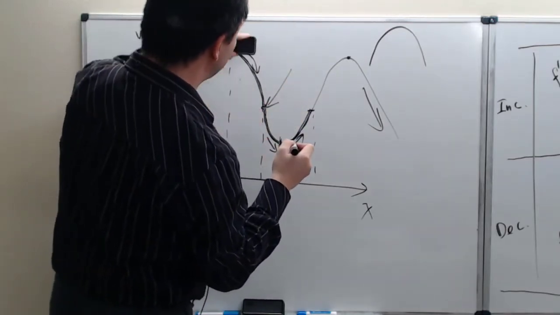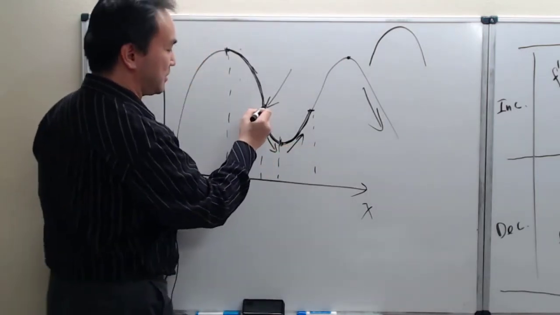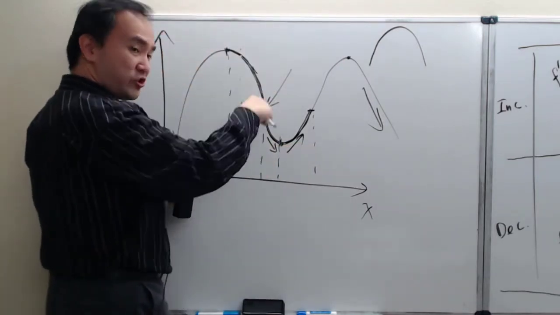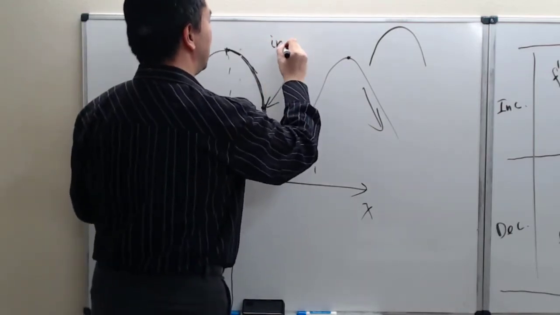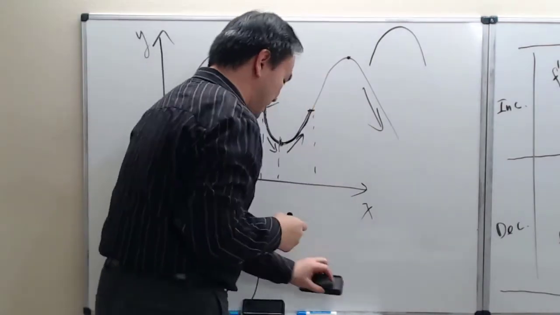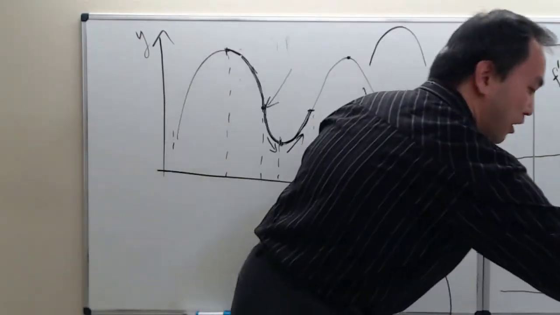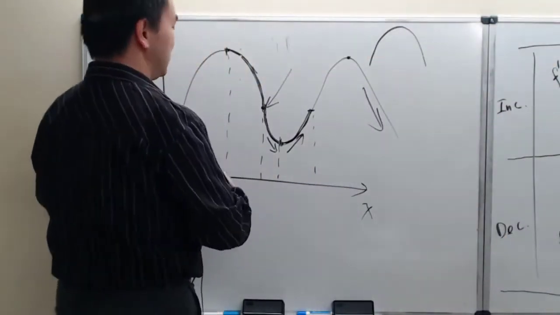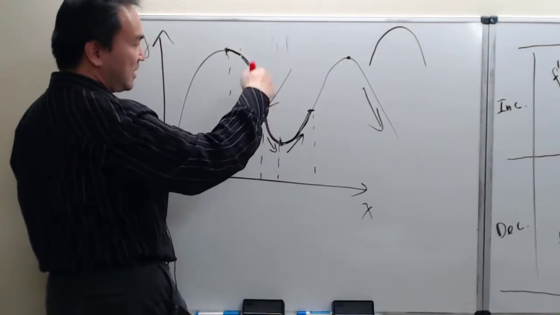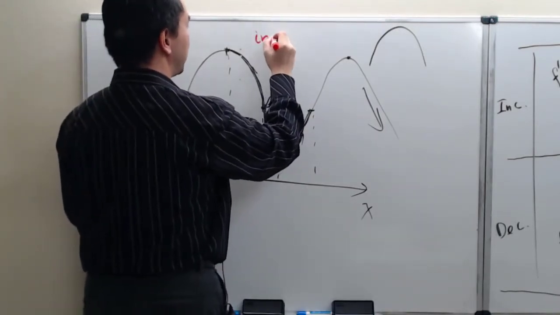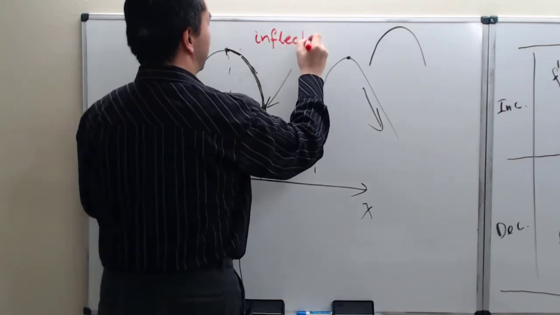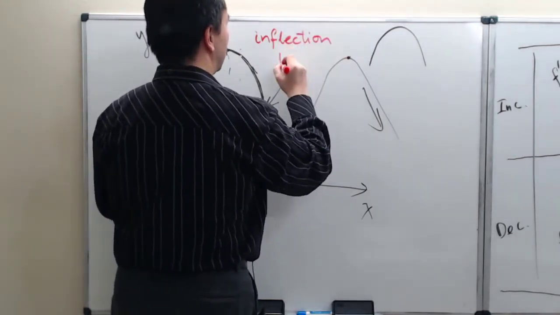So now I'm trying to draw an arrow that points to that point where the function switched in concavity. And that point there we refer to as inflection. So maybe let me write it in red ink because it's a good terminology to know. So that point where we notice the switching in concavity, we call that point the inflection point.